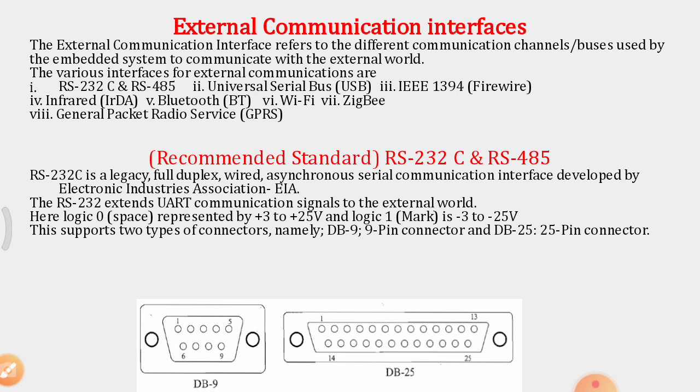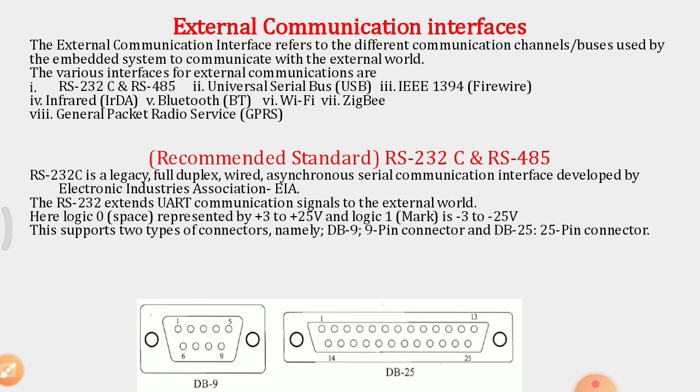The RS-232 is just an extension of UART communication signals to the external world. As we have seen in the UART, it has just two lines, TXD and RXD, and RS-232 is an extension of UART.